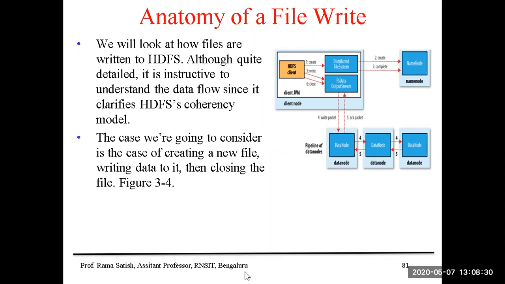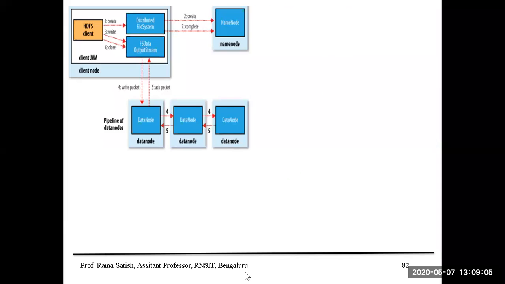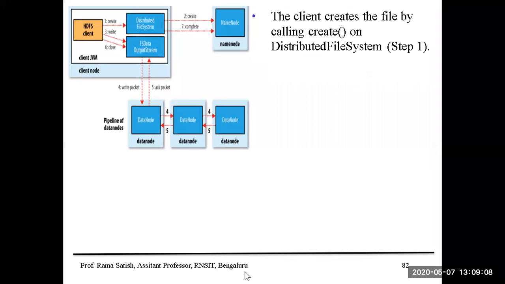The case we are going to consider is creating a new file, writing the file, and then closing the file. These are the three major steps: creating a file, writing the contents into the file, and closing the file. Whenever you are writing the contents, you should write based on the replication factor, and that too in different data nodes. That is a very important point to observe here.